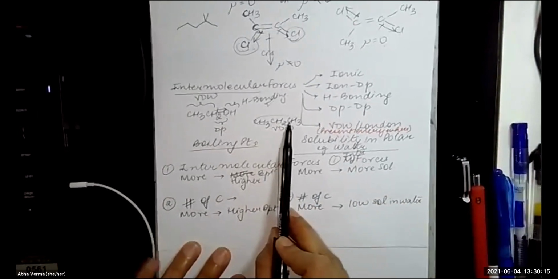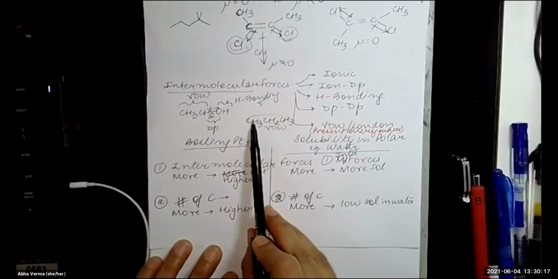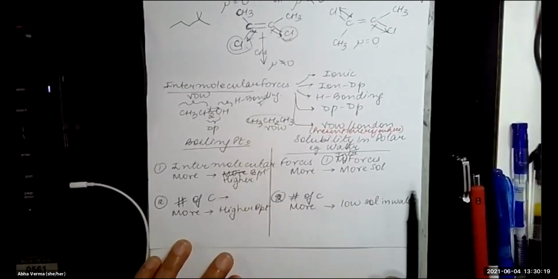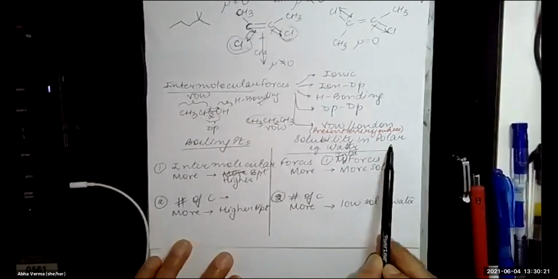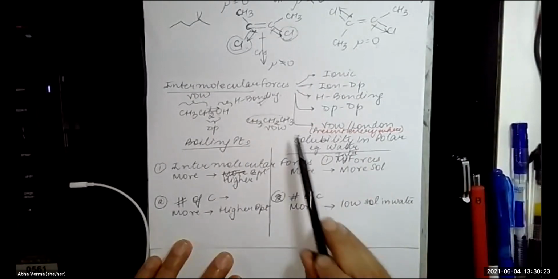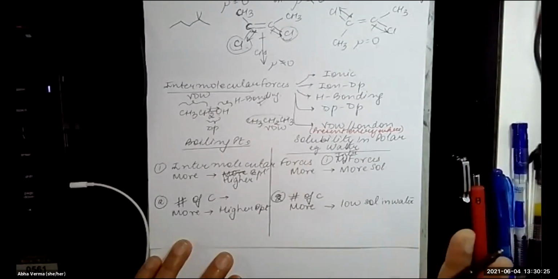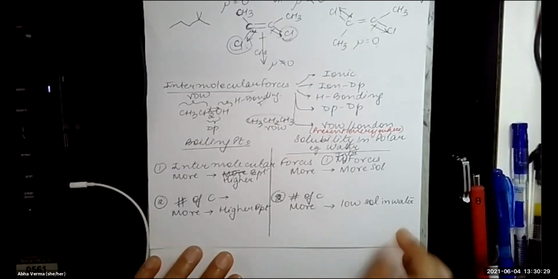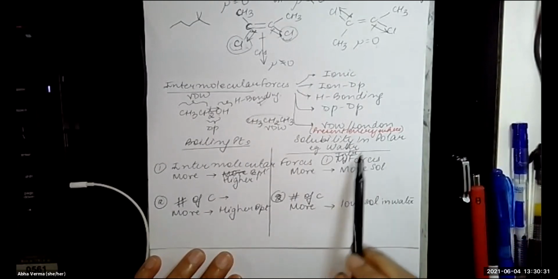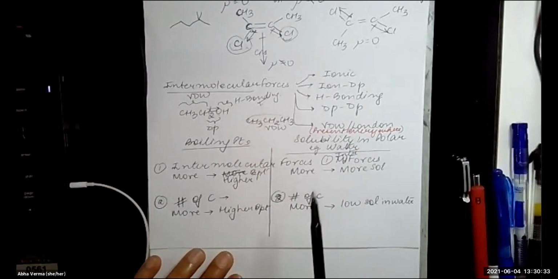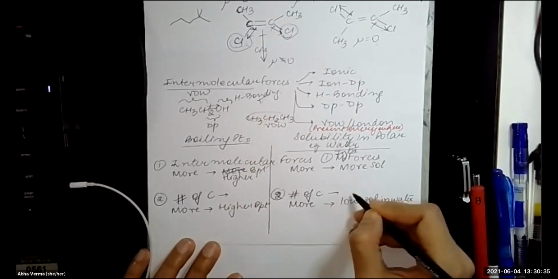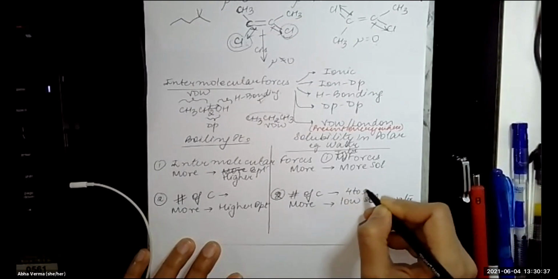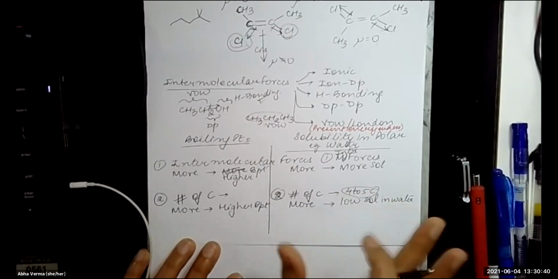Why? More carbons would mean that your non-polar nature is increasing. Water is a polar material. Non-polar and polar are not like materials. If you have a like material, then your like material will dissolve it, but unlike materials will not dissolve it. So a maximum of 4 to 5 carbons can be soluble in water.